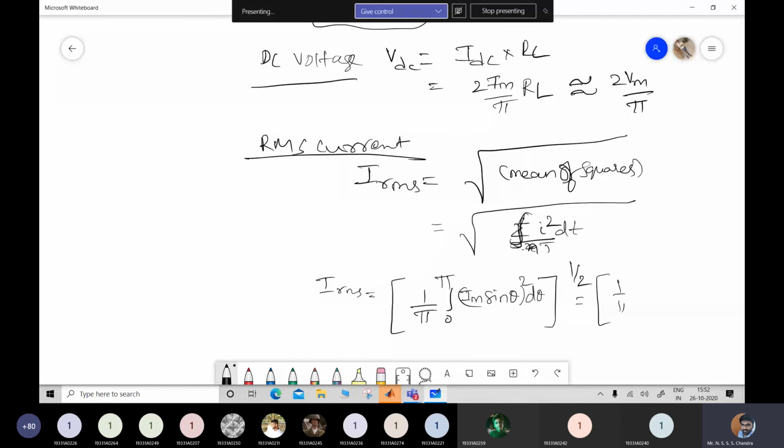So it's 1 by pi, Im square by pi into sine square theta. Sine square theta I can write as 1 minus cos 2 theta by 2, into d theta, again with limits 0 to pi.